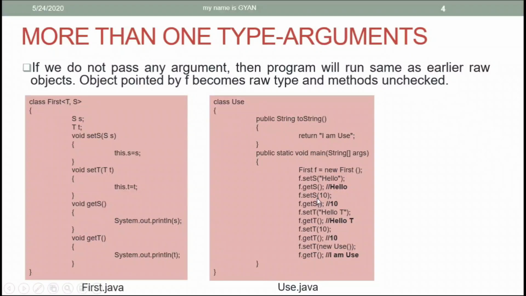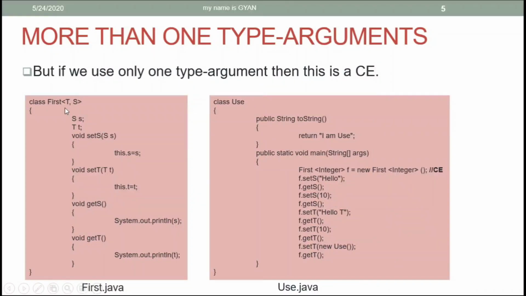We can pass a string, we can pass integer, we can pass a reference of an object of type use. All will work fine. Here, after we pass the reference of an object of type use, when we call the method getT by using the reference variable f, it calls the toString method to execute and it prints I am use. So I hope you know all these things. We already have talked a lot in the previous videos of Java and Wave.